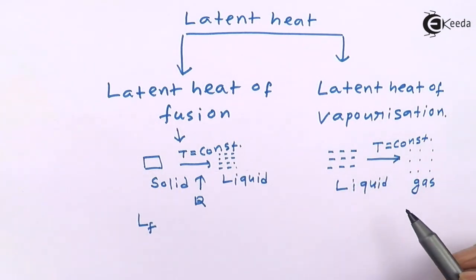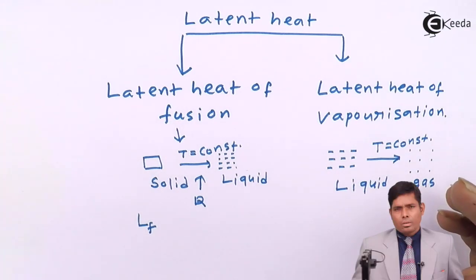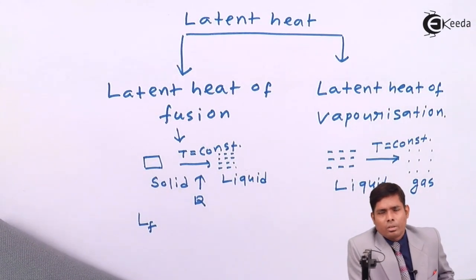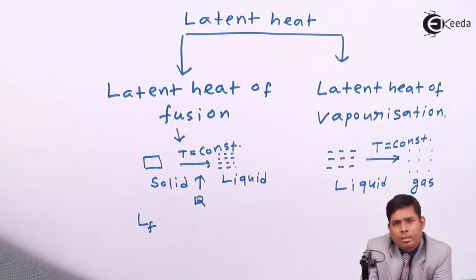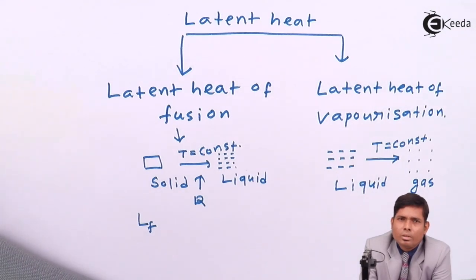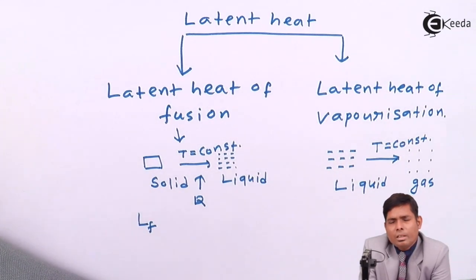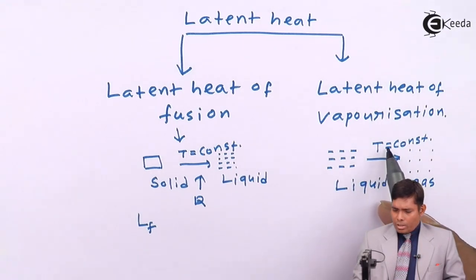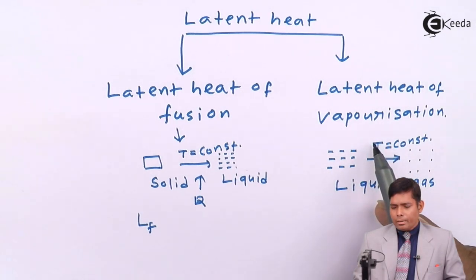When you supply heat to any liquid, the heat will increase the temperature of the liquid till the boiling point is reached. Once the boiling point comes, further heat will not increase the temperature of the liquid. It will only vaporize the liquid, converting it to its gaseous state. So this T here is the boiling point of the liquid.